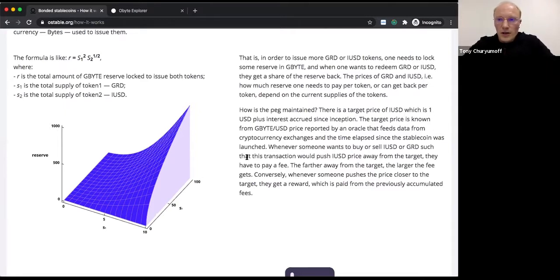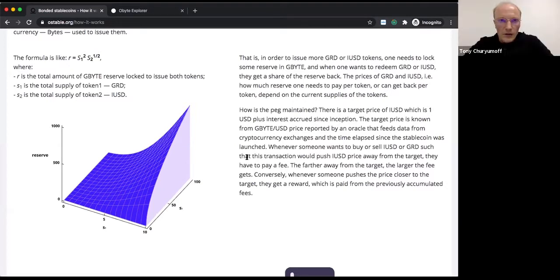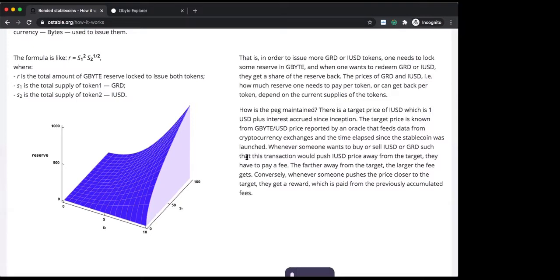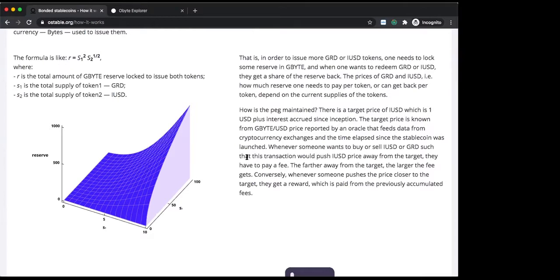You asked about arbitrage opportunities. They exist when the price goes away from the peg, and when the traders know that it will go back to the peg, they rush to be the first to transact against the curve.